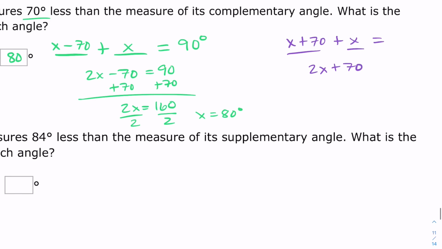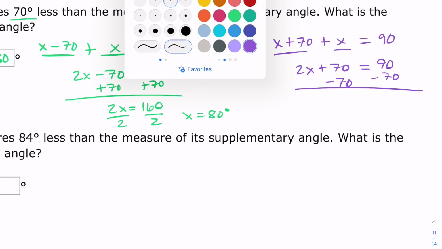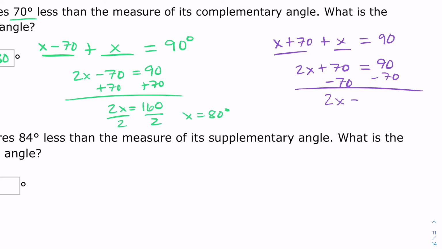My bad, 90. Take away 70, so we get 2x equals 20.